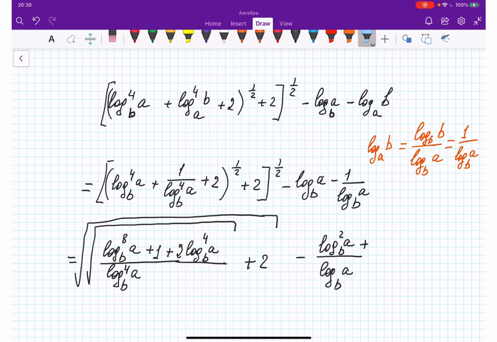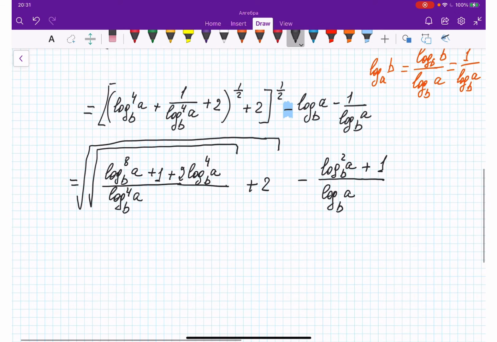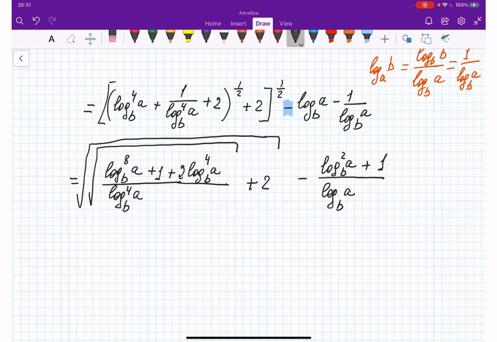We treat the negative sign in front of a fraction as a negative sign in front of parentheses, which means this minus 1 over logarithm a by base b is going to become plus. Plus 1.